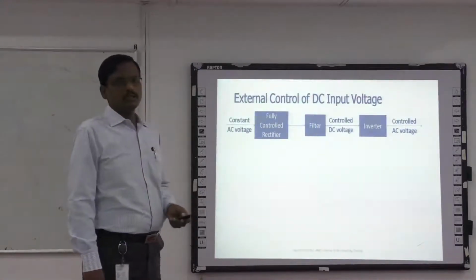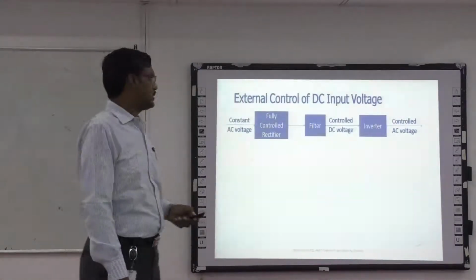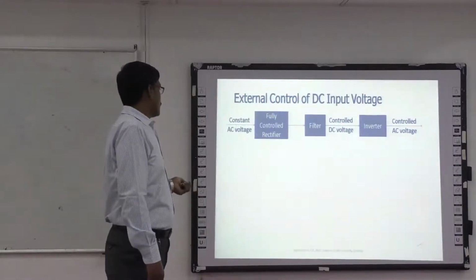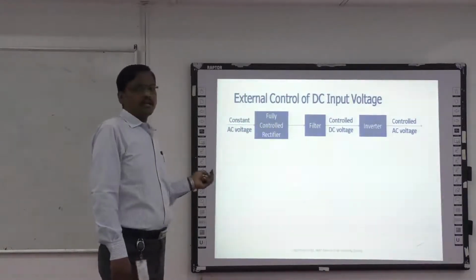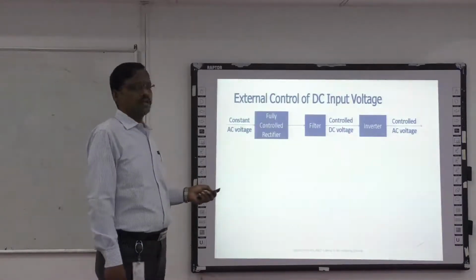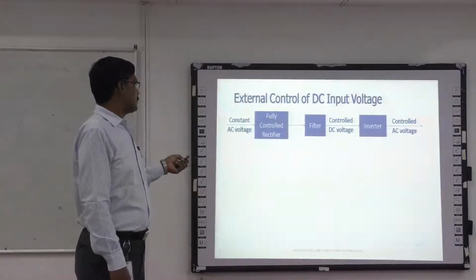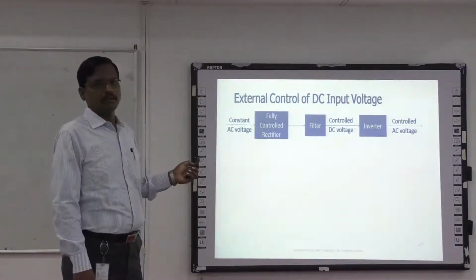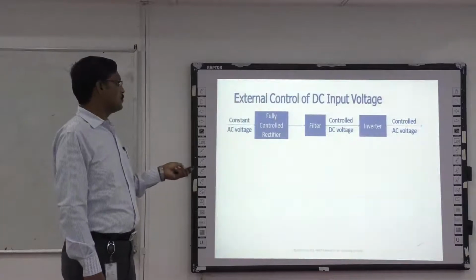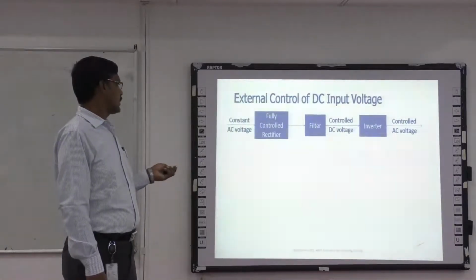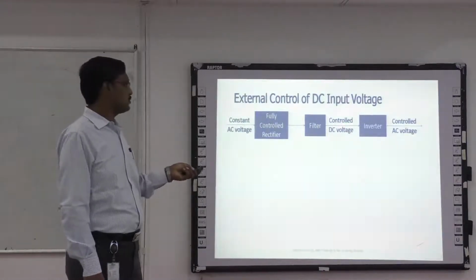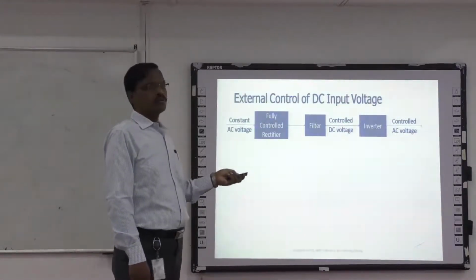Then the next method: we can control the input DC voltage. If you have a constant AC voltage, this can be converted into a DC voltage of the required level by using a fully controlled rectifier. Since this is a controlled rectifier, we can control the output voltage of the AC to DC converter. This controlled DC voltage is applied to the inverter so that we get the controlled AC output.